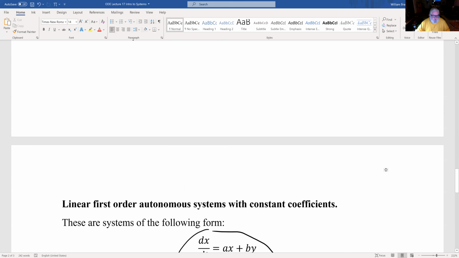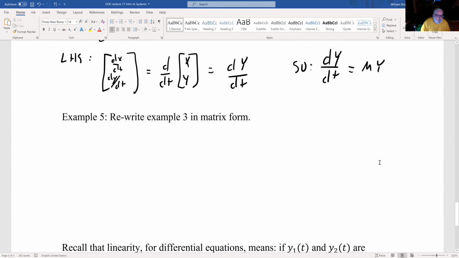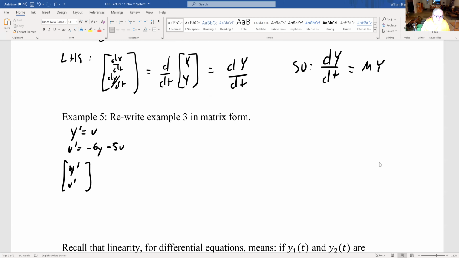So example 3 was this: y prime equals v, v prime equals minus 6y minus 5v. If I write this in matrix form, y prime, v prime equals v, minus 6y minus 5v. And I want to see if I can think of the right-hand side as being some kind of a matrix. So I'll rewrite it as 0y plus 1v, minus 6y minus 5v.